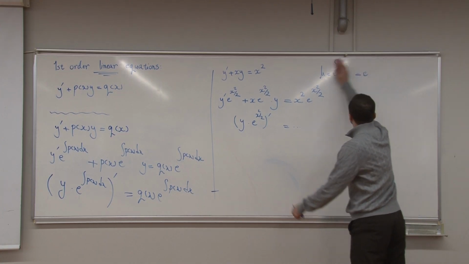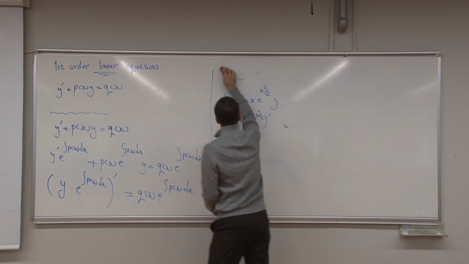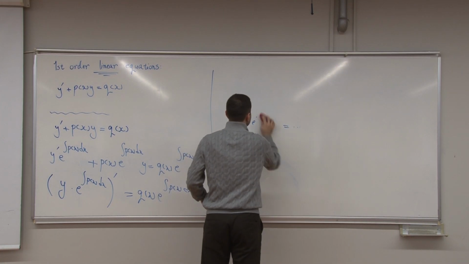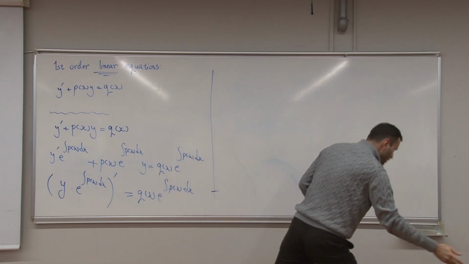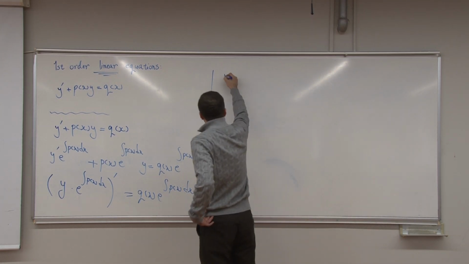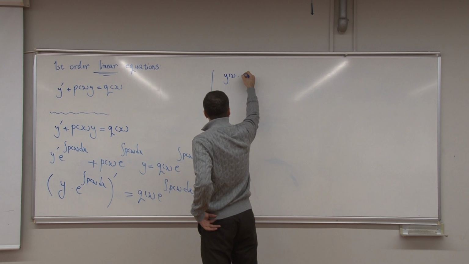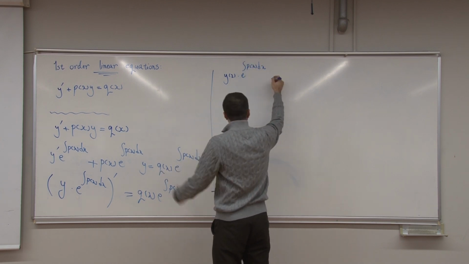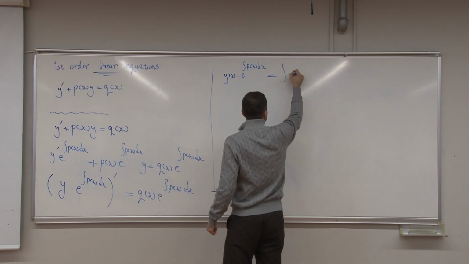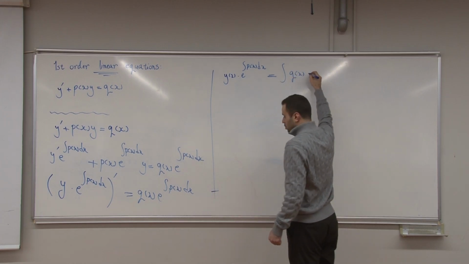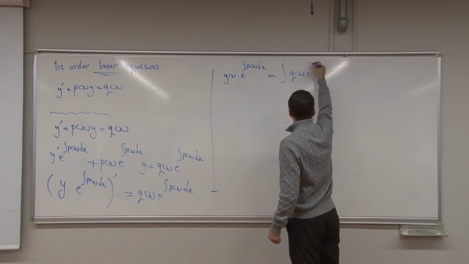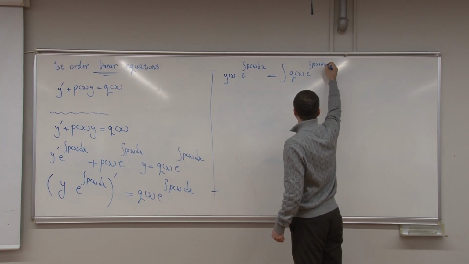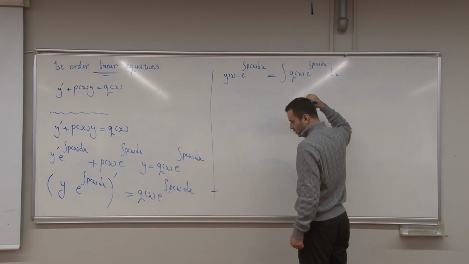Such that we have y of x times e to the power of the integral of px dx is going to be equal to the integral of q of x e to the power of the integral of px dx, another dx here.